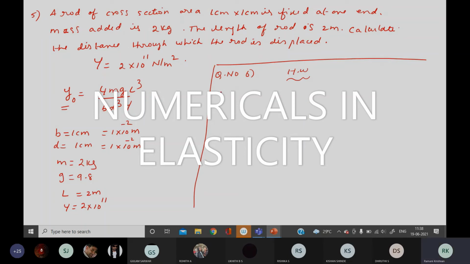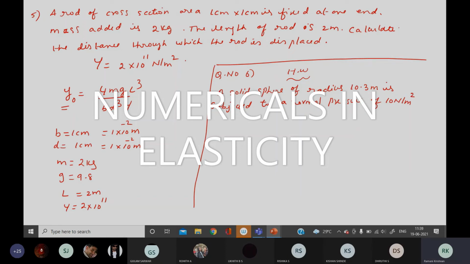You do question number 5. Question number 6 is homework for you. Here, what to remember: centimeters should not be added like that.